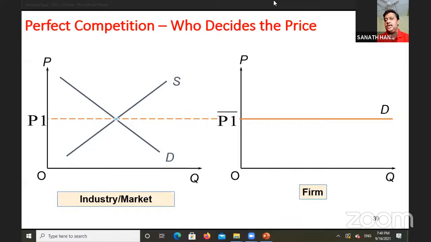The reasons for the law of demand are the income effect and the substitution effect.